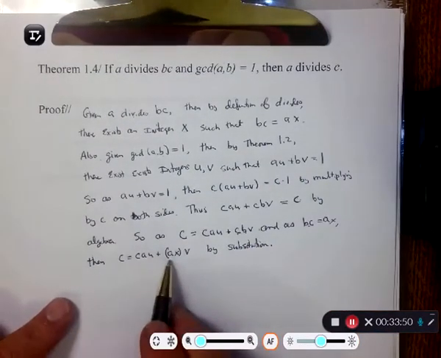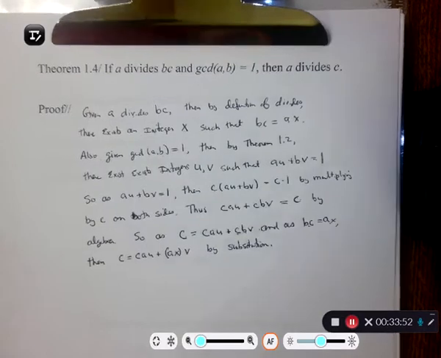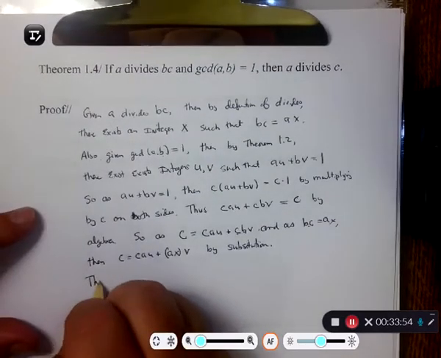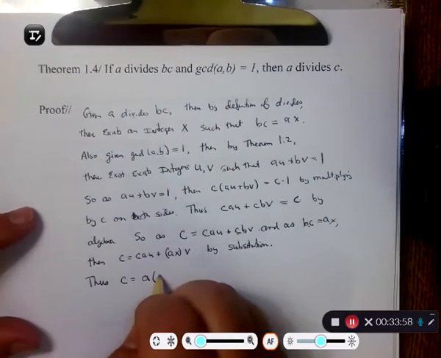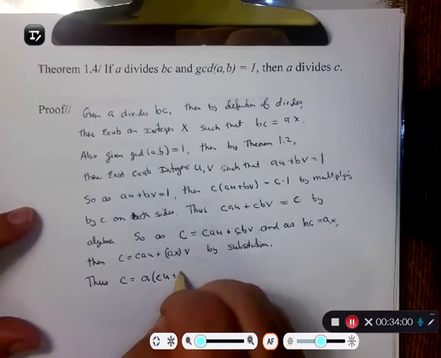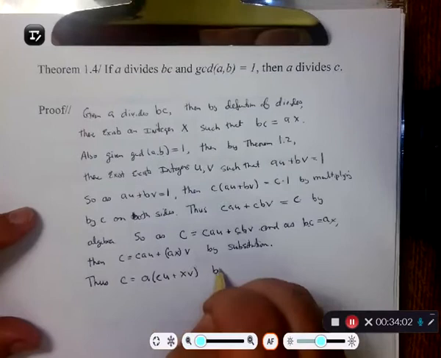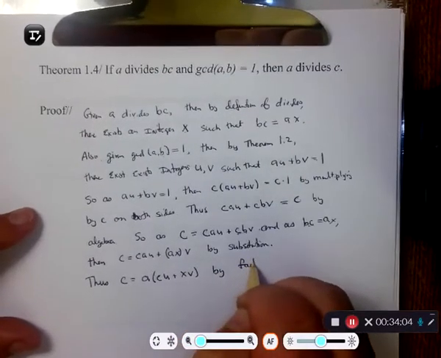Now I've got my A's into my equation. Thus, C is equal to A times CU plus XV, just to let you know what I did, factoring.